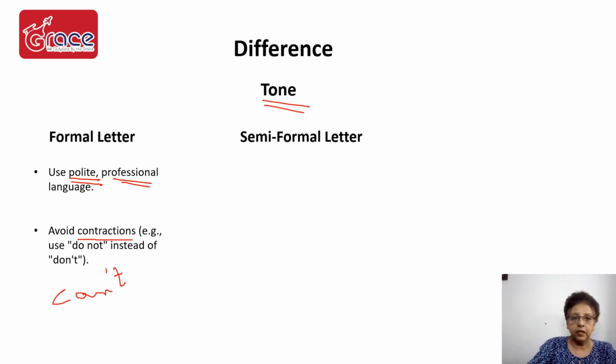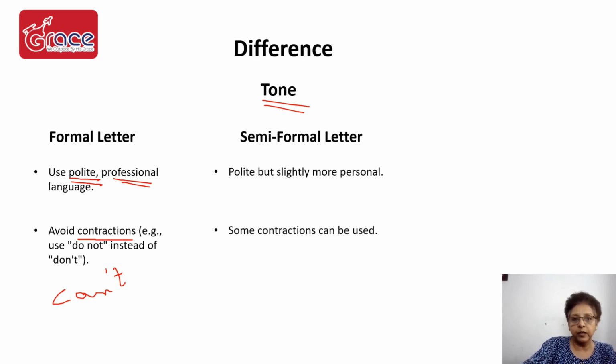Semi-formal letters. As I said earlier, we know the person. However, still the person is a senior official. And the language again needs to be polite, but it can be a little more personal, and some contractions are allowed.